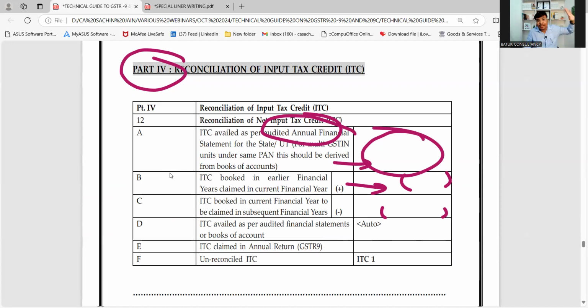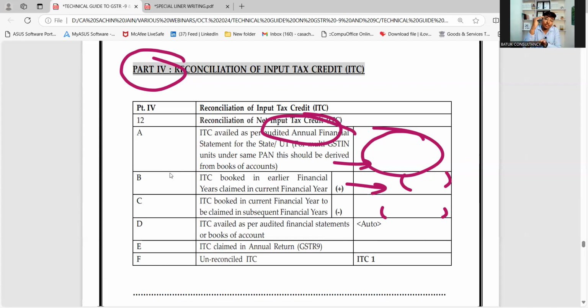But in your GSTR-9, there may be certain input tax credit which is related to last year, certain reversal related to last year, certain adjustment related to subsequent financial year. So in such a situation, how will your GSTR-9 input tax credit and books input tax credit be comparable?